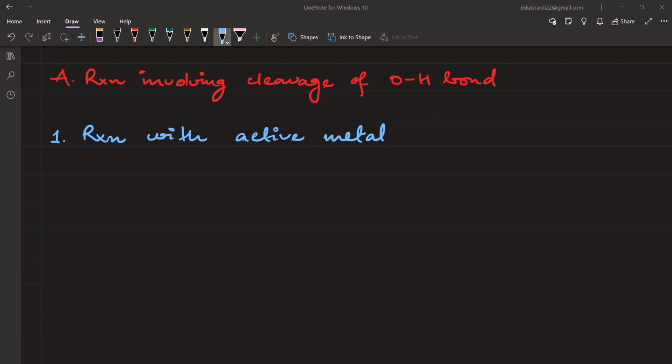These are active metals. So if you have active metal and some acid, it is going to liberate hydrogen gas.